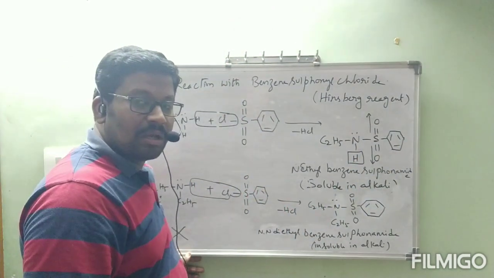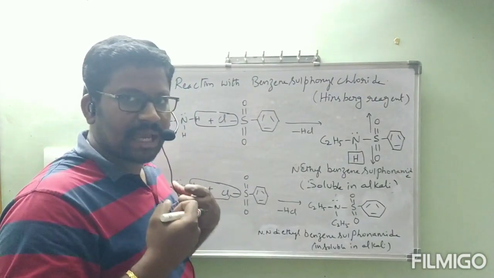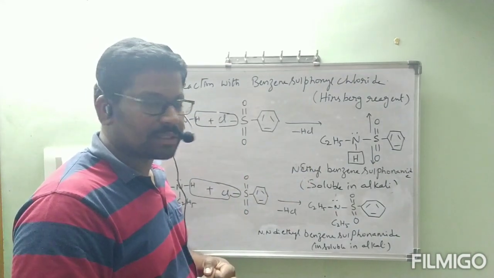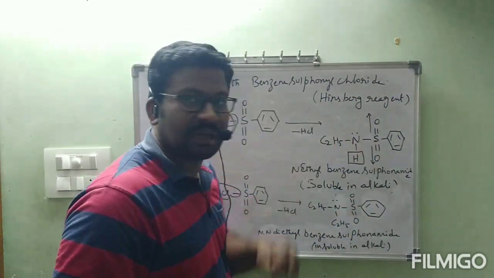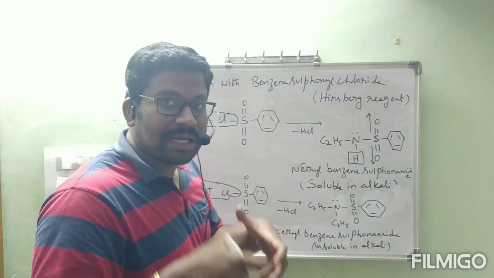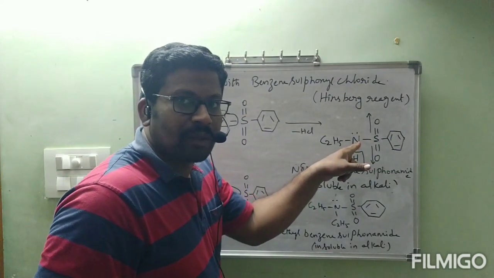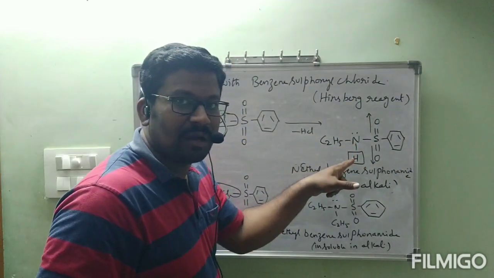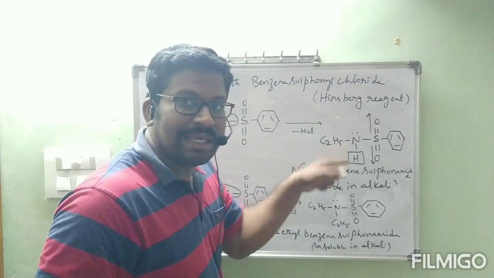Sulfur is bonded to two oxygens, so electrons are shifted towards oxygen strongly. Then sulfur gets less electron density, so sulfur will pull electrons from nitrogen. Then nitrogen will pull electrons from hydrogen, and that hydrogen can be given out easily. This bond can be cleaved easily.